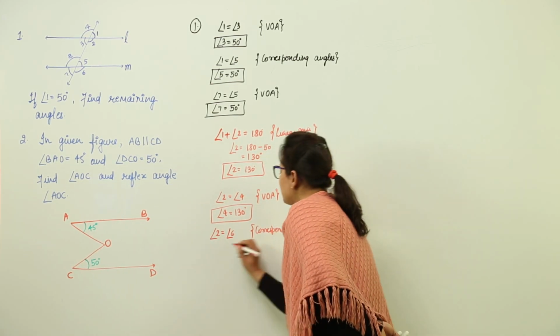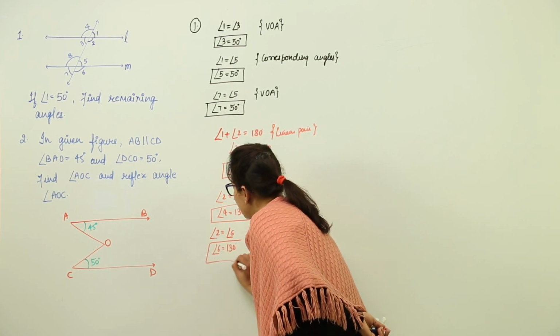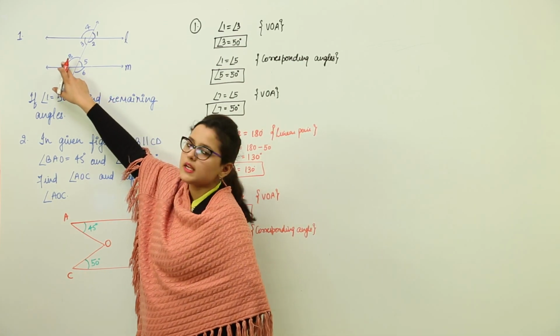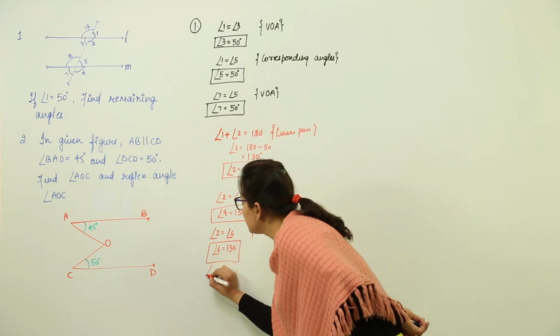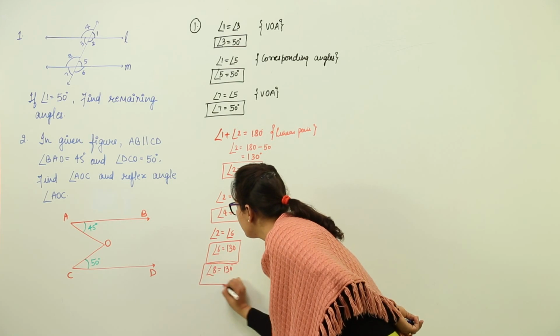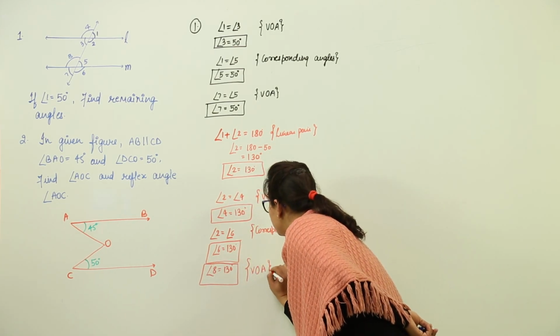So we have written angle 6 also equal to 130 degrees, and that leaves us with angle 8. And because angle 8 is vertically opposite to angle 6, it is also going to be equal to the same measurement, that is 130 degrees. So we have got angle 8 also as 130, reason being vertically opposite.